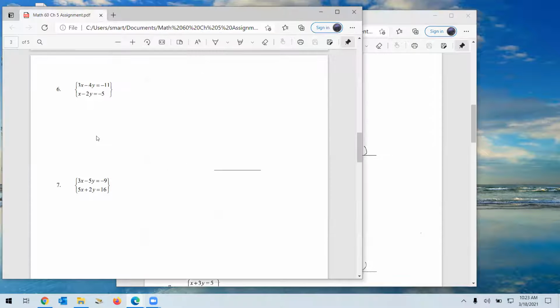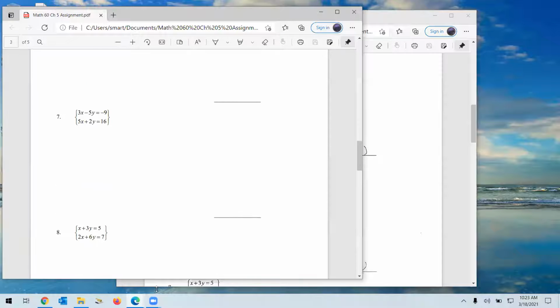All right, this next one. Looking at those numbers for 7, still trying to use the elimination method. And multiplying just one equation is not going to get you there. You're going to have to choose a common multiple for the x's or the y's, right?